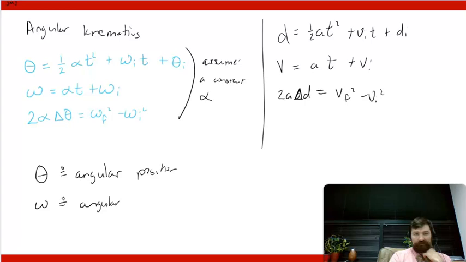Let's put little vectors over them just to really make it complete. And alpha represents angular acceleration. And so all that remains to be done then to complete this new angular coordinate system is to note that we need a plus and a minus direction for it.